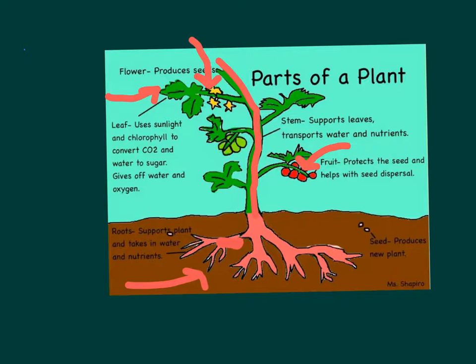The fruit protects the seeds and helps with the seed dispersal, which means how it moves from one place to another and how it goes from that plant out to make new plants. And the seeds, which are these right here, that's what produces the new plants. So now we're going to get specific with some of these.